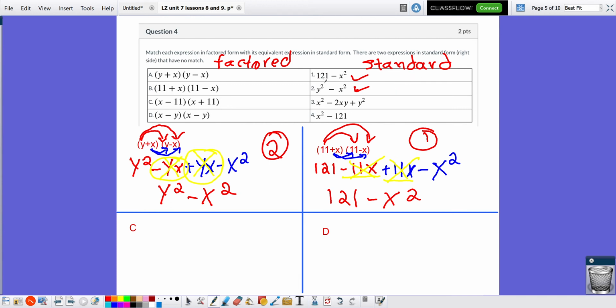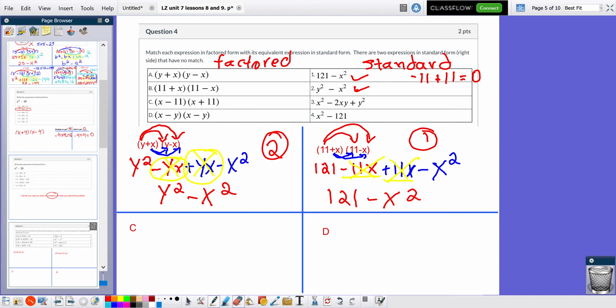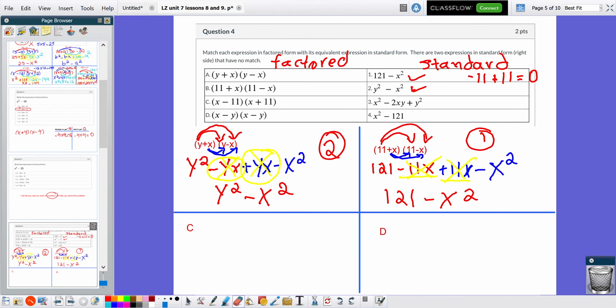So I know that the factors that multiply to 121 that would cancel would be negative 11 and positive 11. Equals to 0. And well, that one will be negative 121. So I need the x to be 0. This is a different one. You can apply that to the next one that we're going to do.